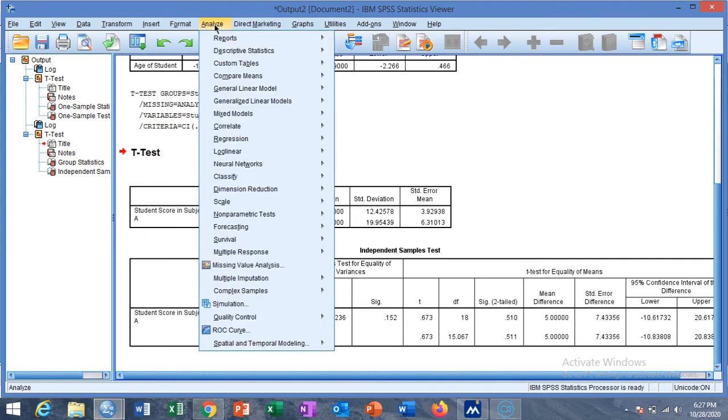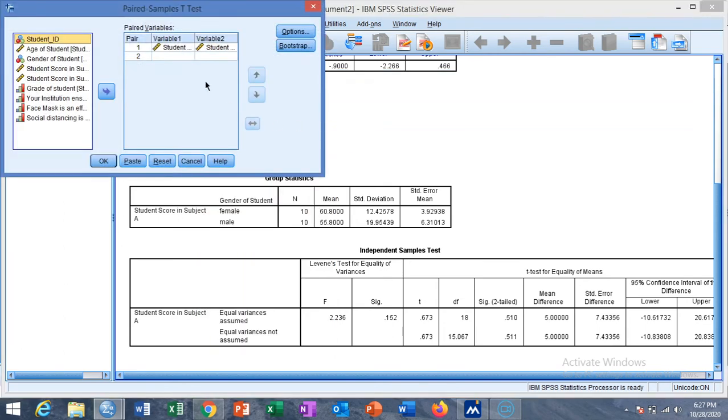So for this purpose we again go to the option of compare mean, and then go to the option of paired sample t-test. I have already put the two variables in variable 1 and variable 2. If you want to reset, I will show you how to set the two variables. Variable 1 is the value of the variable before conducting the experiment.